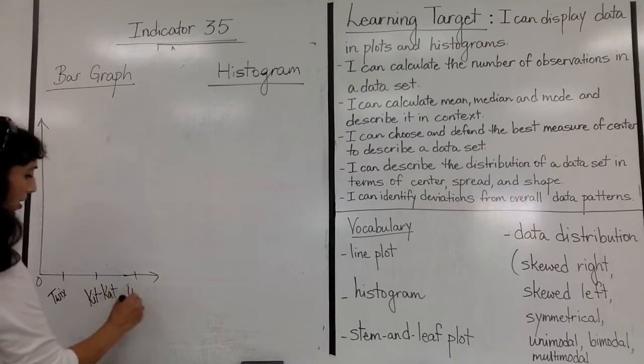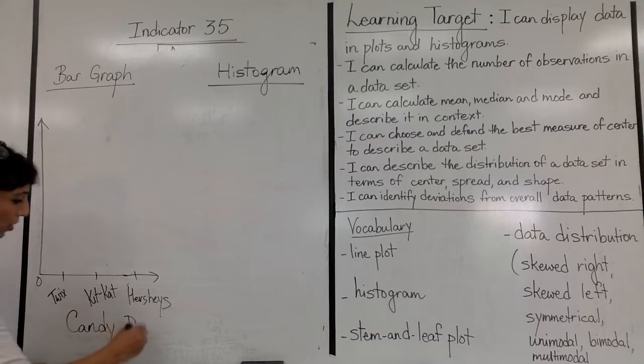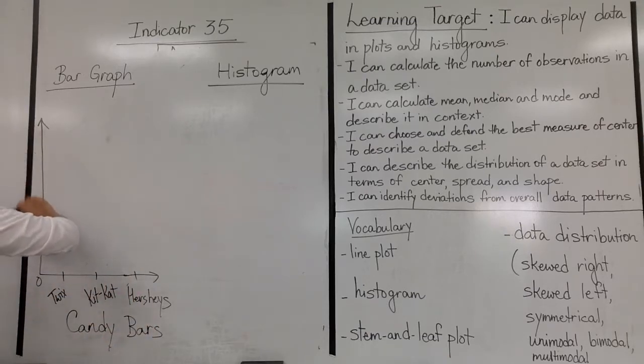Okay, so I give you 3 candy bars, and then I ask you, what is your favorite? And so always remember to label what you are talking about. And here we would have students, right? Because that is telling me how many students like it.